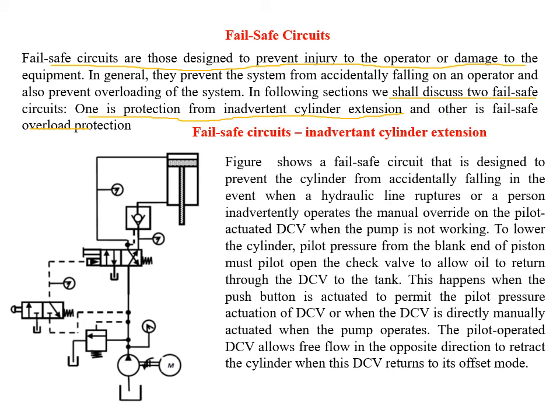So let us consider the first one, that is the fail-safe circuit for inadvertent cylinder extension, that is uncontrolled cylinder extension. The figure shows the fail-safe circuit that is designed to prevent the cylinder from accidentally falling when the hydraulic line ruptures or a person inadvertently operates the manual override on the pilot actuated DCV when the pump is not working.